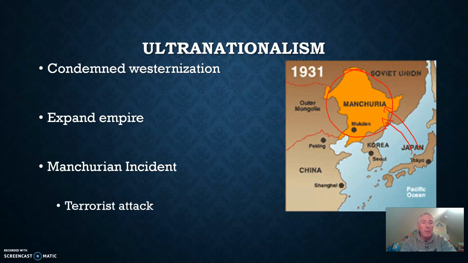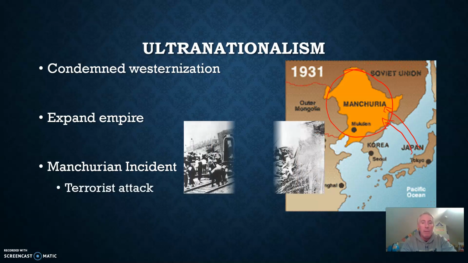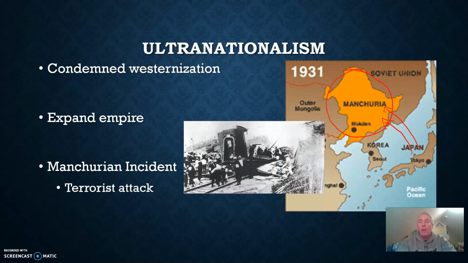This excuse came with a terrorist attack on a Japanese-owned railway line in Manchuria. Terrorists, or at least it was claimed that terrorists, blew up a railway line, killed a bunch of civilians and so forth. Now, this took place in Manchuria, but the Japanese military claimed that China perpetrated the attack. And in 1931, Japan invaded Manchuria.